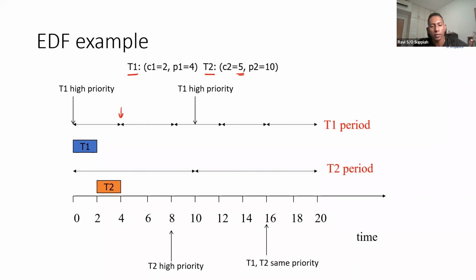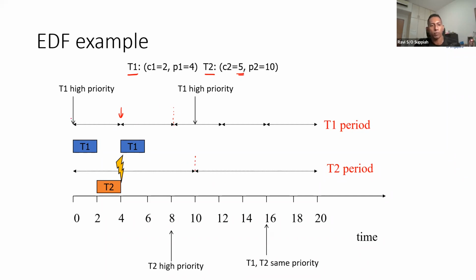But since task 1 is also going to launch at t equals 4, task 1 is considered higher priority. Why? Because task 1's deadline is here, whereas task 2's deadline is here, at time t equals 10.